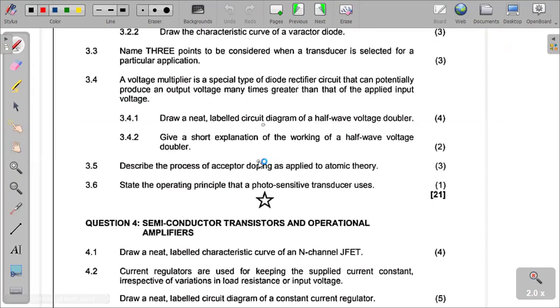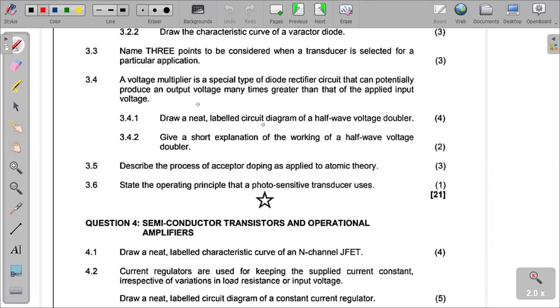Describe the process of acceptor doping as applied in the atomic theory. That's 3.5. In simpler explanation, we can say if trivalent atoms such as indium, gallium, or aluminium are added to pure silicon or germanium, they form covalent bonds with one another.